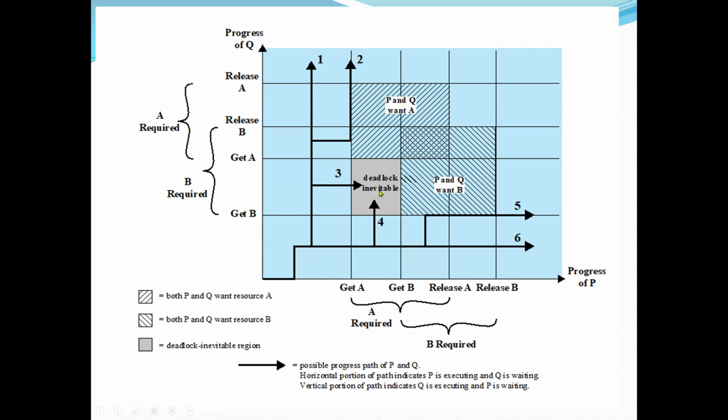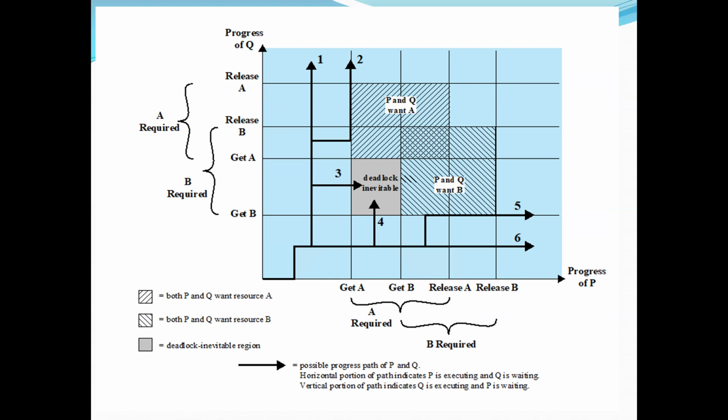Here we're going to have a deadlock, because we can see the two arrows coming towards each other. The x-axis represents the progress of the execution of P, and the y-axis represents the execution of Q.